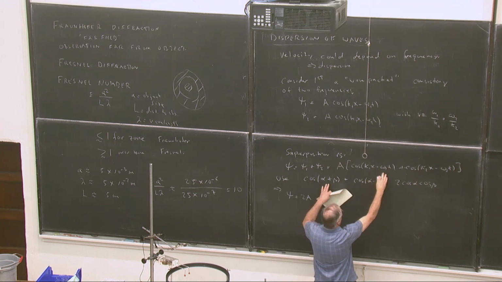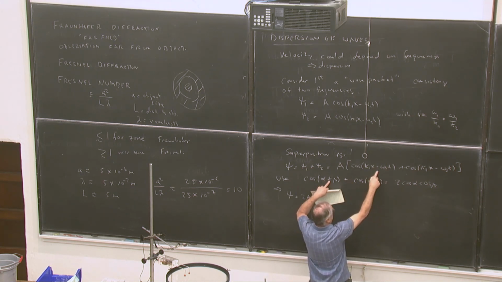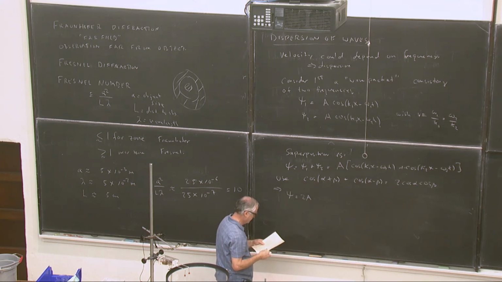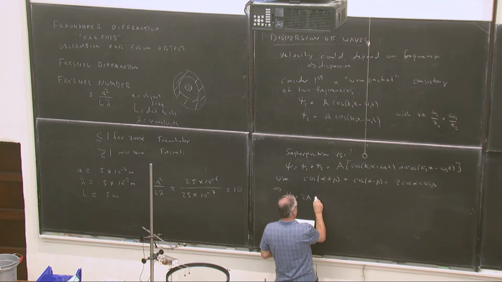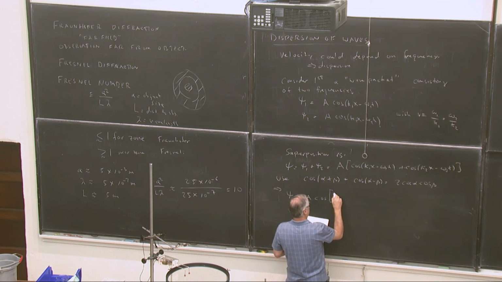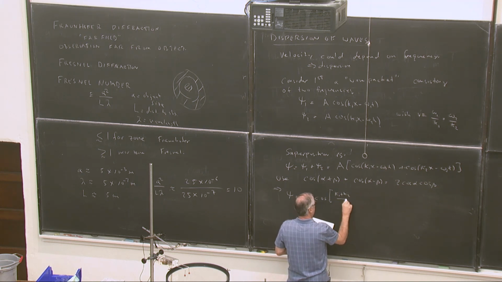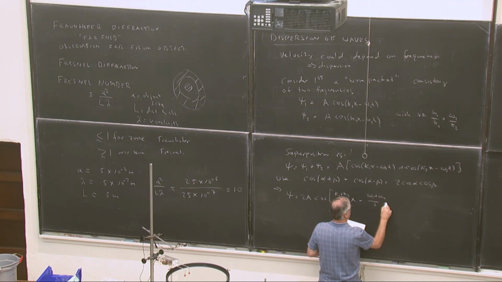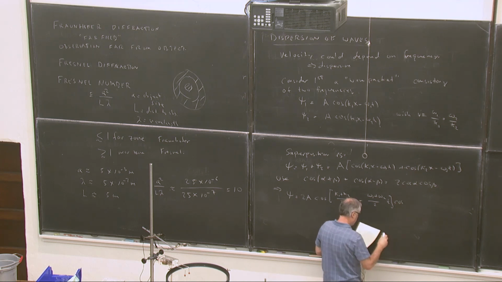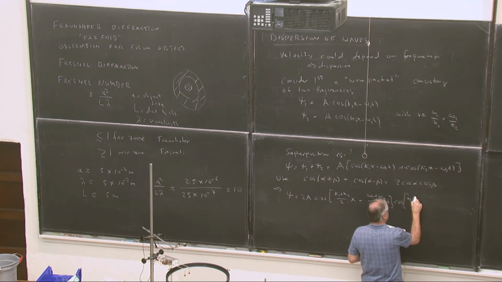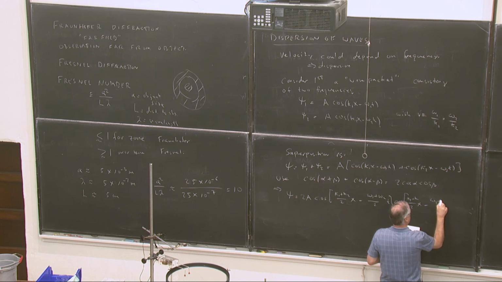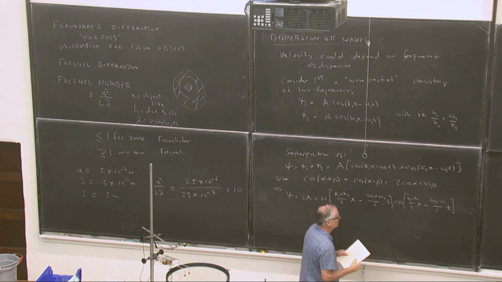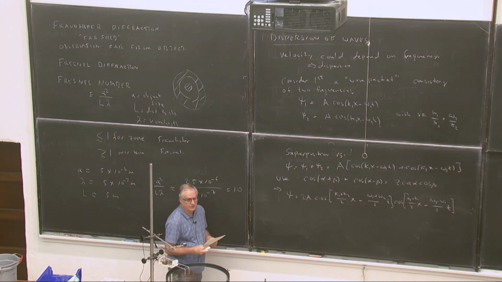If we use that identity, we can write this as cosine((k1 plus k2) over 2 times x minus (omega 1 plus omega 2) divided by 2 times t) times cosine((k2 minus k1) over 2 times x minus (omega 2 minus omega 1) divided by 2 times t). So that's what the trig identity gives me.